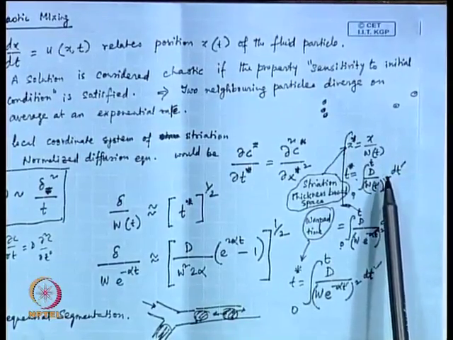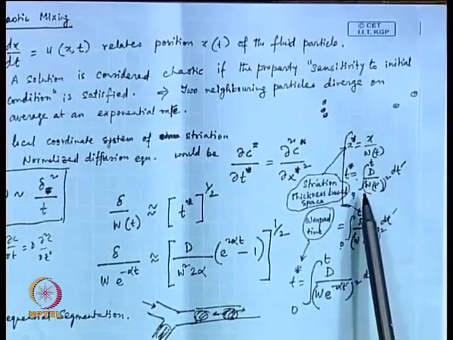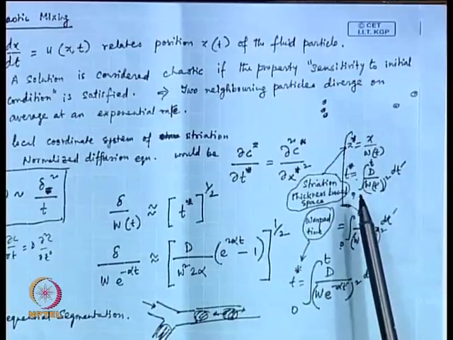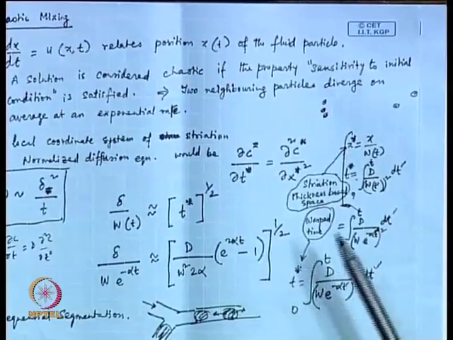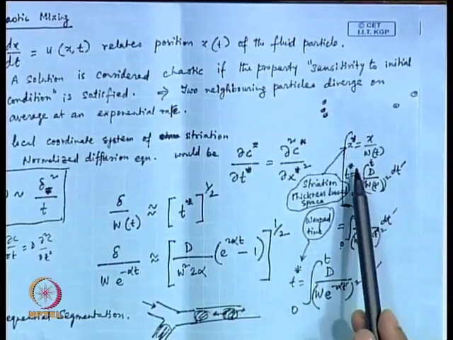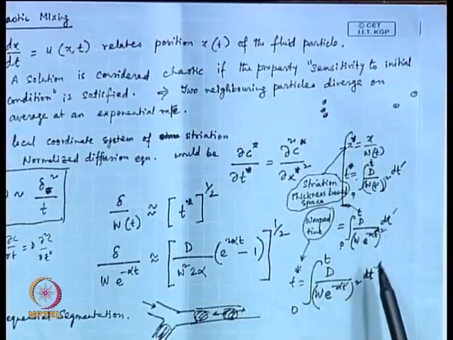That means you know that this W is changing with time and you are trying to find out how much diffusion is taking place with the changing W. So, that is how you define this t star. You are working with a local coordinate system, picking up a strip and following that strip as the width of the strip keeps changing. That is how you have defined x star and t star.